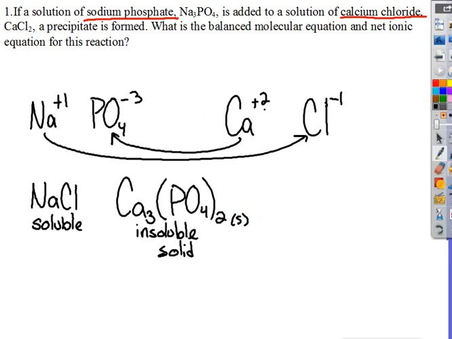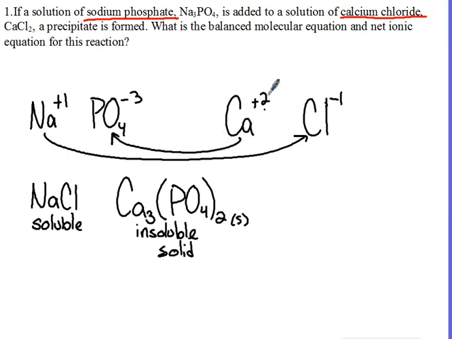To write our net ionic equations, you're just going to write the ion that came from our aqueous solutions, and we need 3 of these.